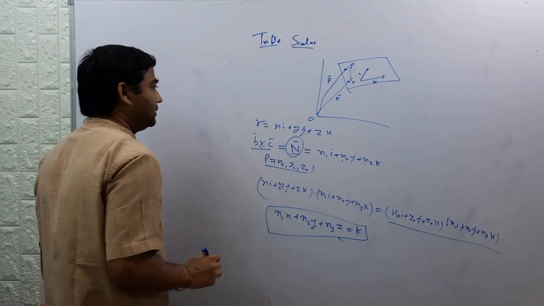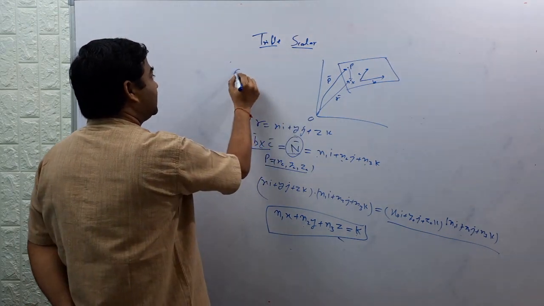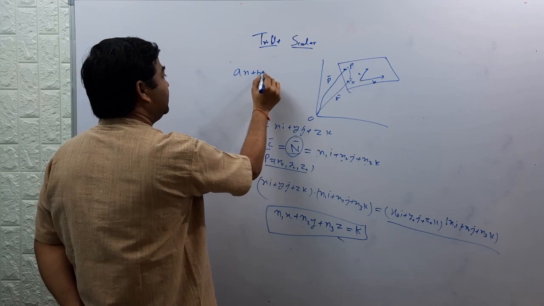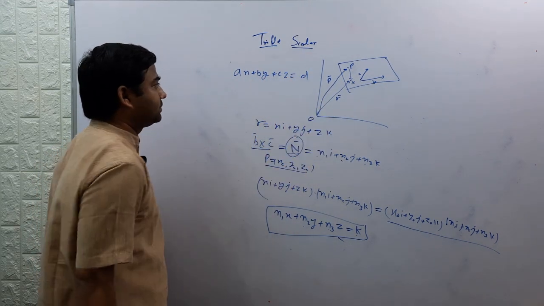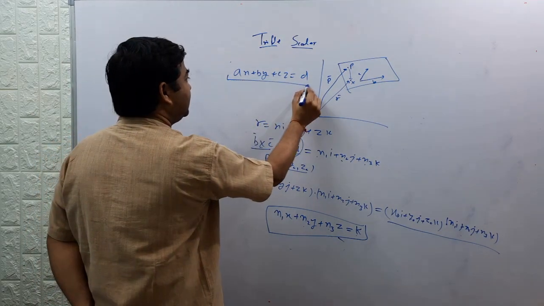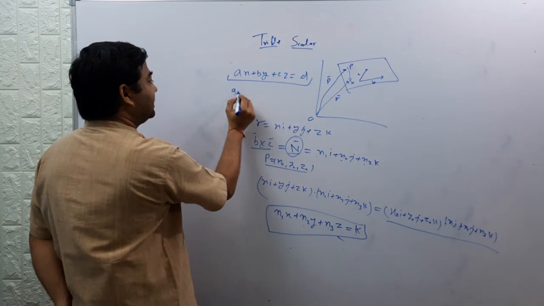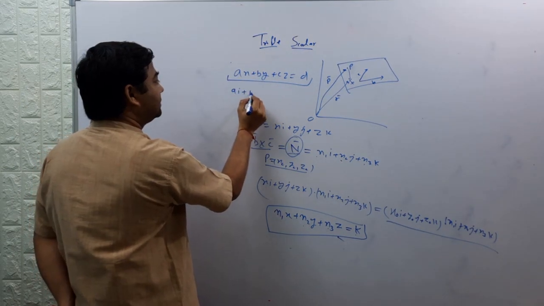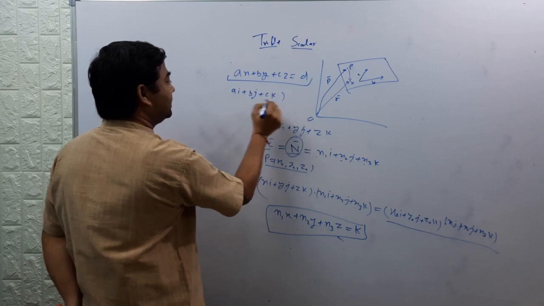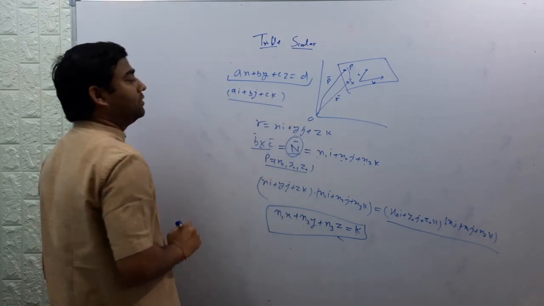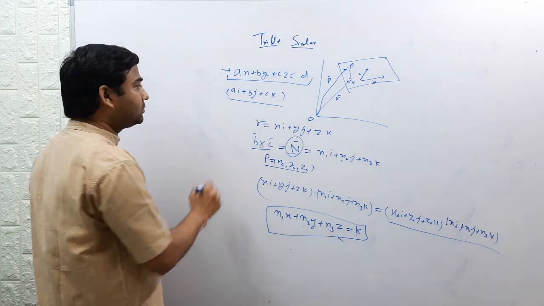So if the equation of plane is given as ax plus by plus cz is equal to d, just by seeing the equation of plane in symmetric form, you can say ai plus bj plus ck is a vector which is perpendicular to this plane.